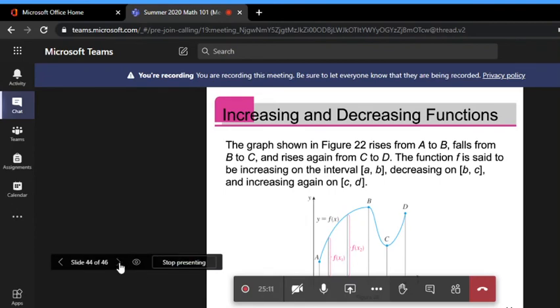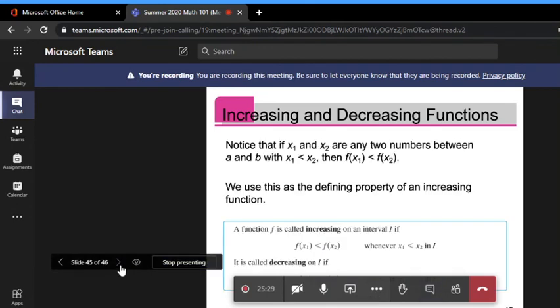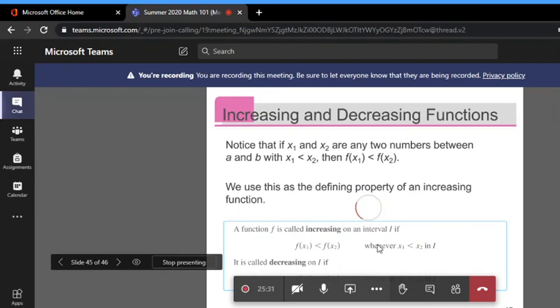So we are going to say on different intervals, for example, from little a to little b, it is increasing. Little b to little c, it is decreasing. Little c to little d, we have those points here, we don't see them here, it is increasing. Mathematically, we can write it down.